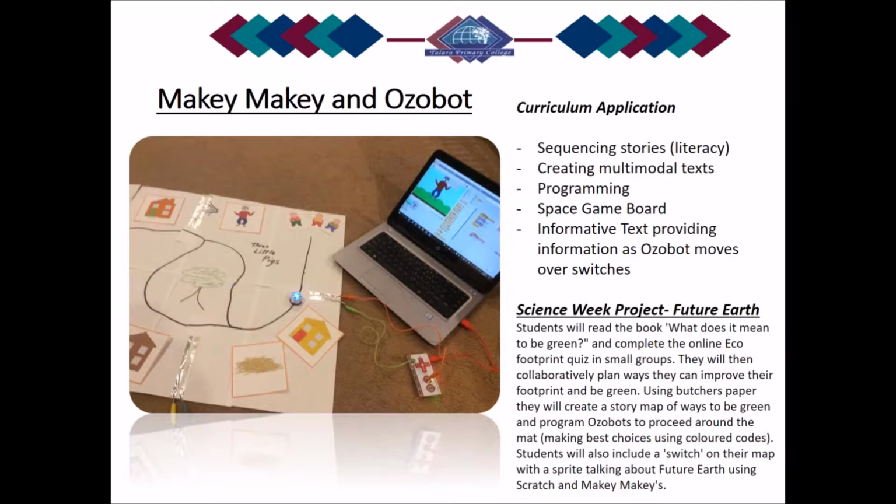Once they've come up with their ideas, they're going to draw those on their butcher's paper, create their story map, and then program the Ozobot to move through their story map. And of course, we're going to add in those switches so that as they go past each of those elements, our sprite on the screen is going to talk in more detail about how they can be green, because the topic is Future Earth.